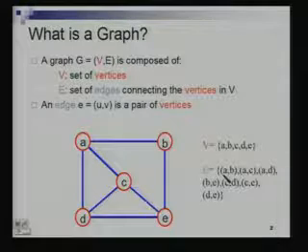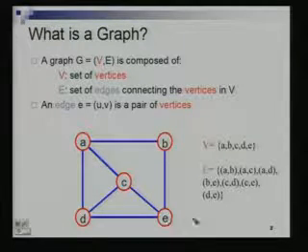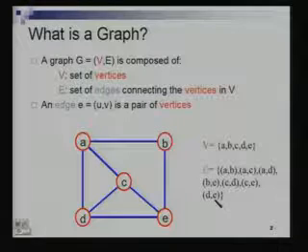A comma B is the same as B comma A. All that specifies is that it is an edge between vertices A and B. So A comma B, A comma C is this edge, A comma D is this edge, B comma E is this, C comma D is that, C comma E is this, and D comma E is this. There are 1, 2, 3, 4, 5, 6, 7 edges, and there are the 7 pairs mentioned here. Clear? So, a set of vertices and a set of edges.